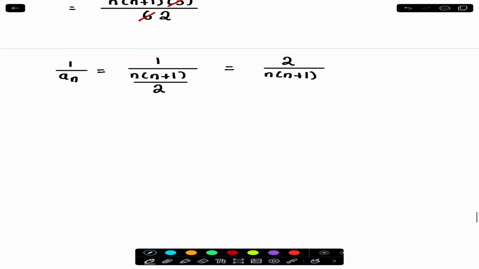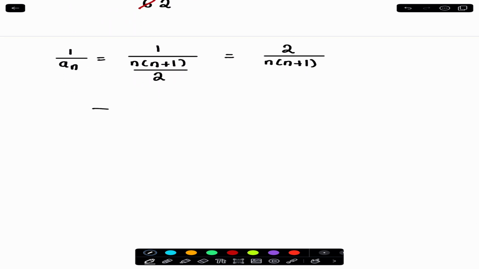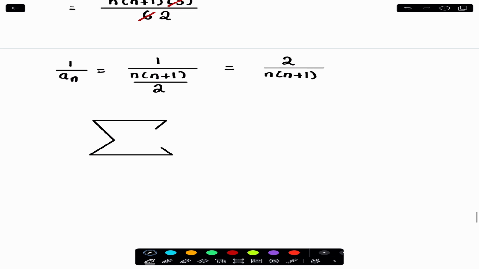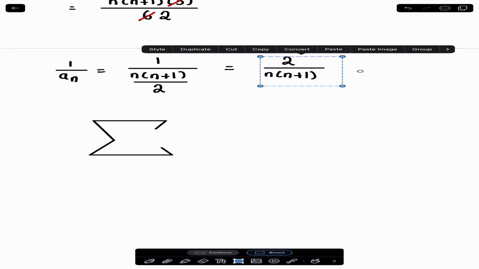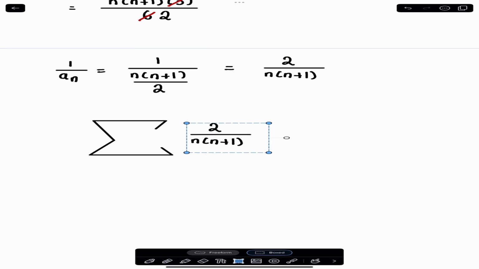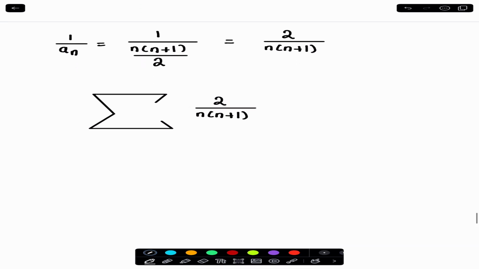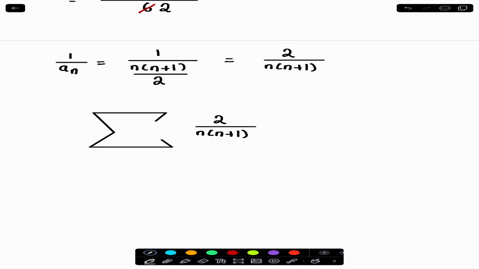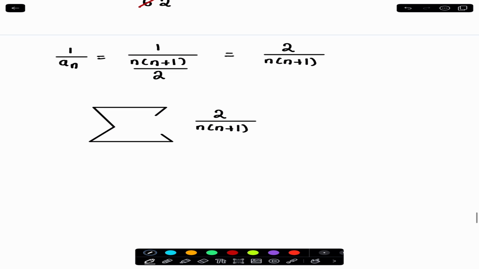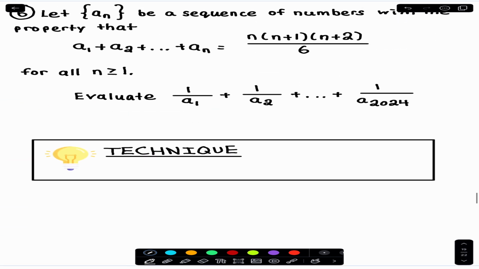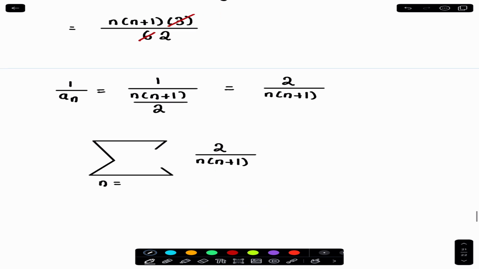And the great thing about this is now we can put this into sigma notation. Because what we have to do is, now this is the general an, 1 over an. And let's see. We have to start from n equals 1 up until 2024.